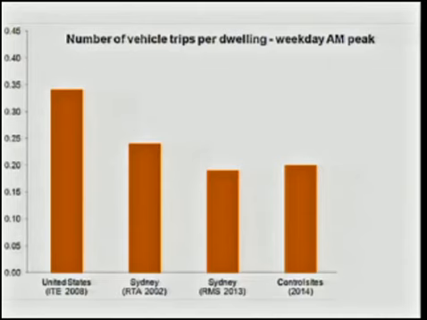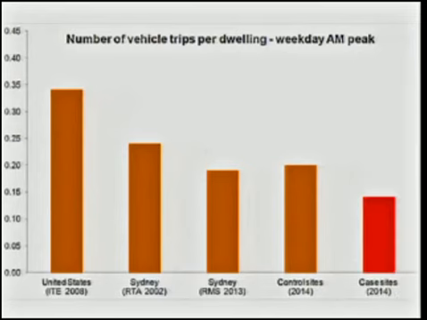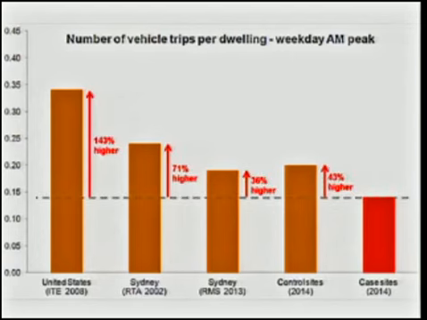Our control sites were similar to the New South Wales data, but the case sites had lower vehicle trip rates. So relative to the sites that had the travel plans, the sites that did not have travel plans had more vehicle trips per dwelling in the peak period.